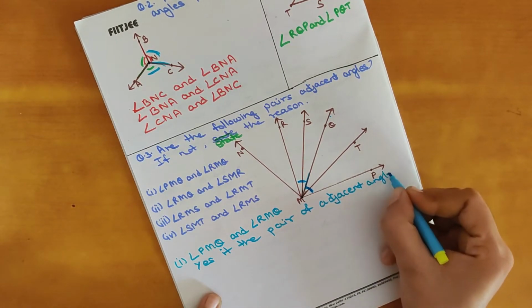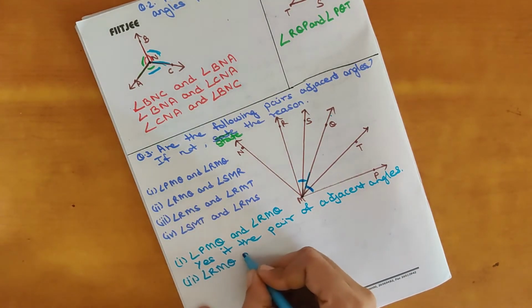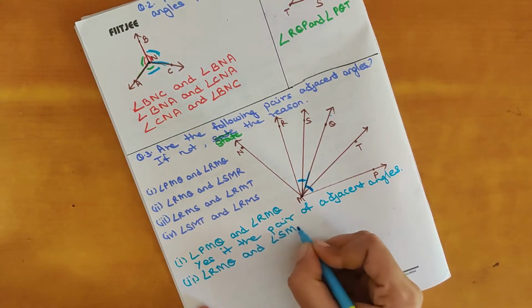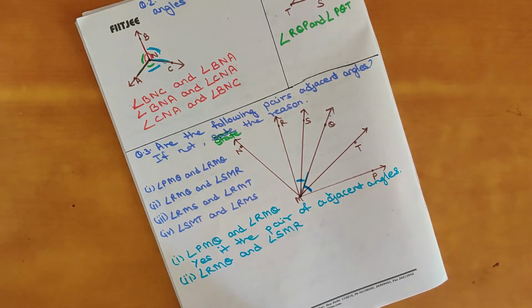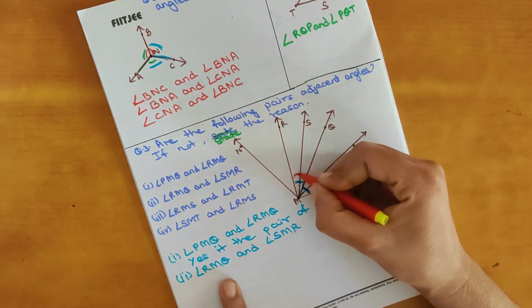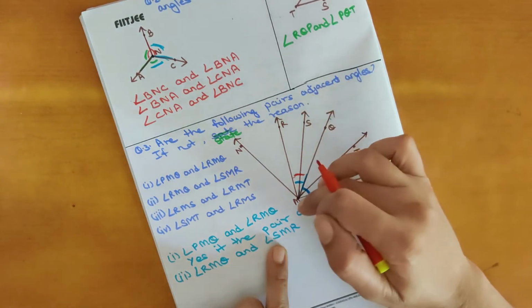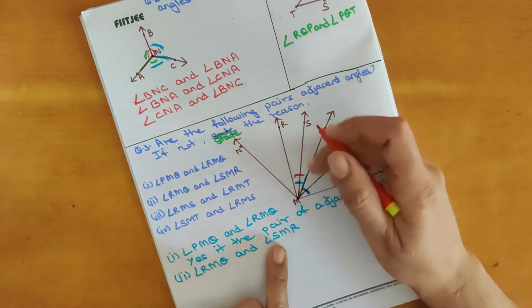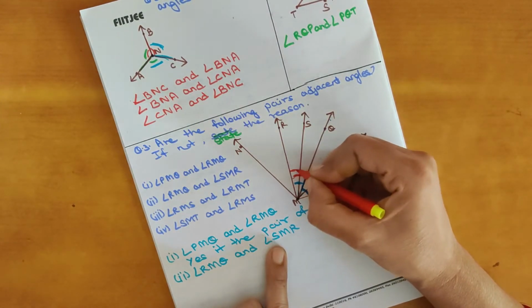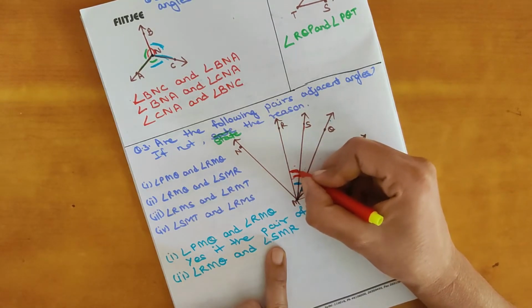Now the second one is angle RMQ and angle SMR. I will use a different color for showing angle RMQ. RMQ means this angle, and SMR means this. Can you see, they don't have separate interiors? From seeing here only we come to know they don't.